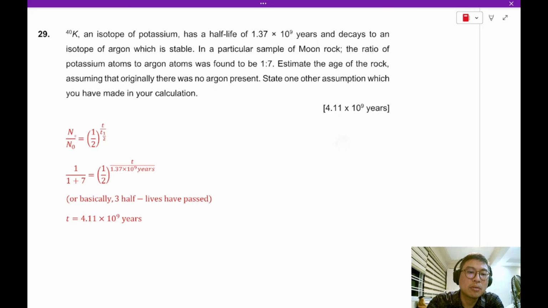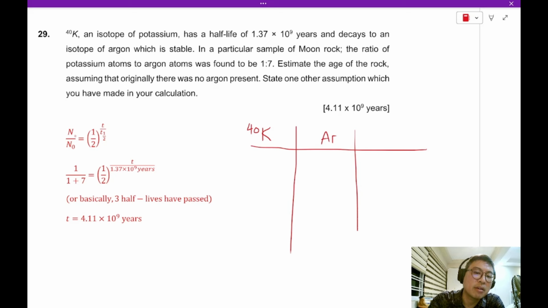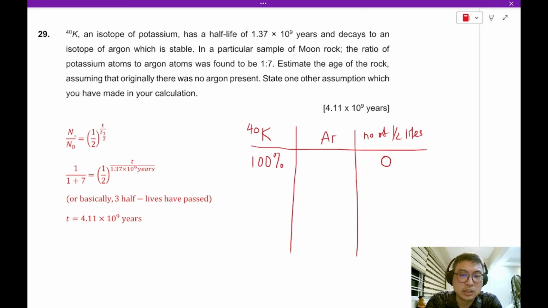First of all, we are going to write down the potassium, and then it decays into an isotope of argon, which I don't know what isotope of argon it is, better not write 40. And then we're going to write the number of half-lives. At the start, it's 100% potassium and 0% argon.